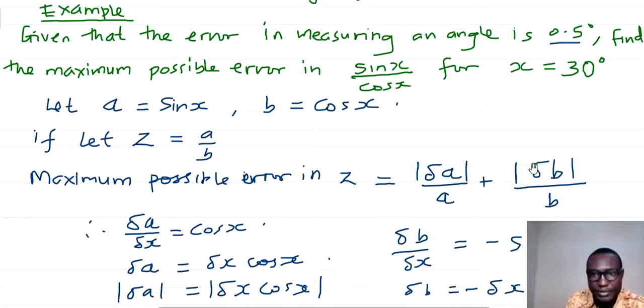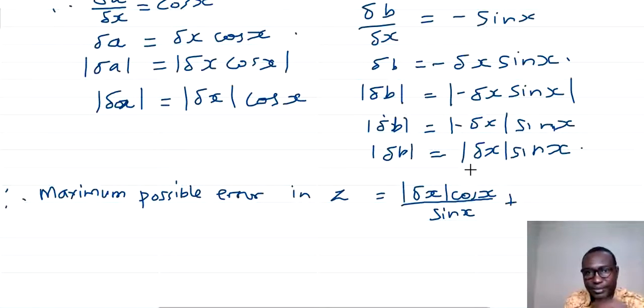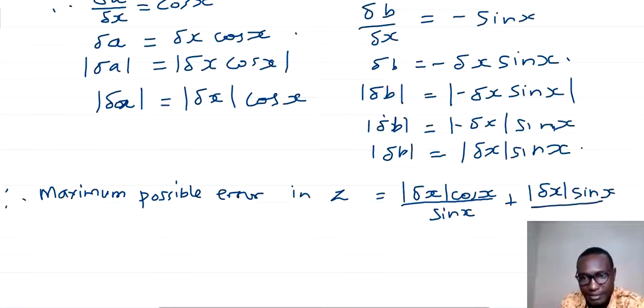So we are going to substitute in for delta b and b itself. So plus delta b, which is magnitude delta x sin x, divided by b itself, which is cos x. Okay, so we are looking out for the error in sin x all over cos x.